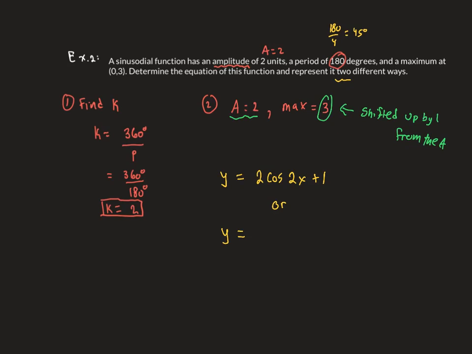So if I wanted to shift it to the left by 1 part to make it into a sine function, then I would have to do plus 45 degrees. And just like that, I have represented it 2 different ways. So let's look at another type of example.